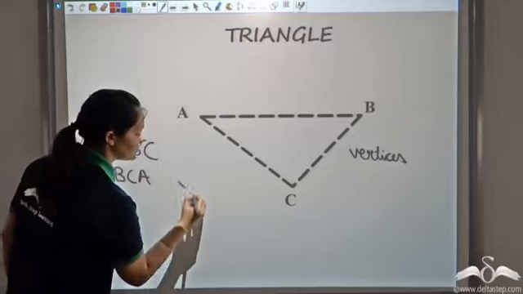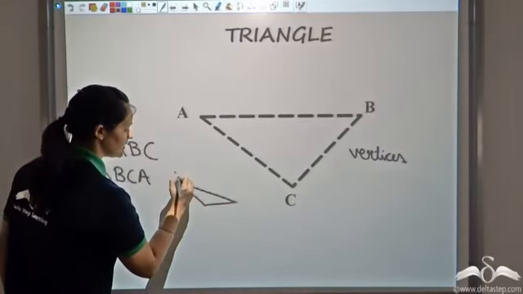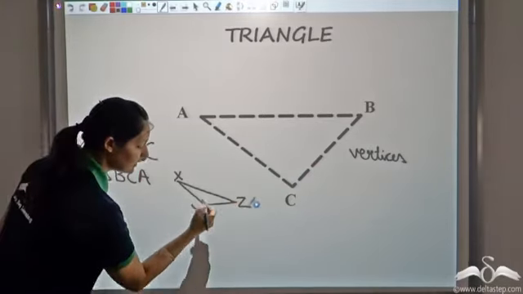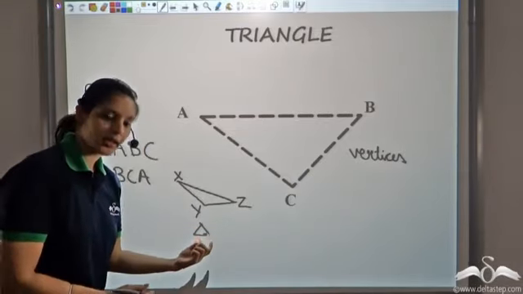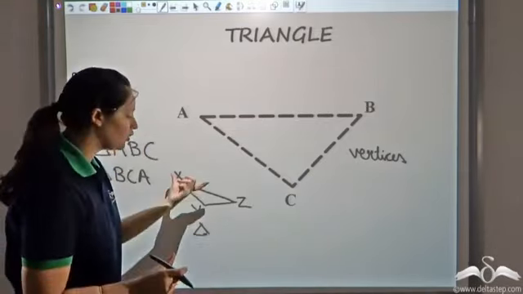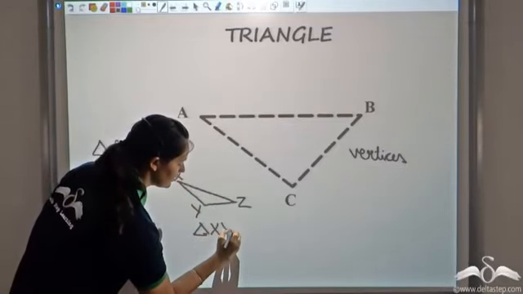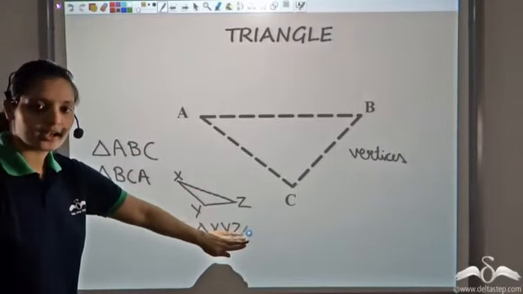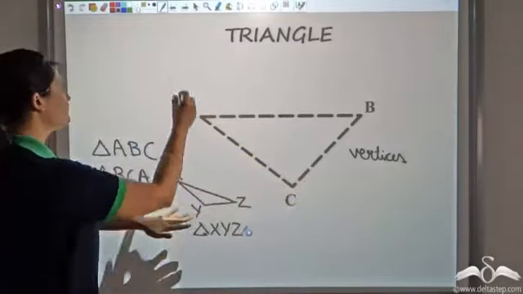So even if I have a triangle with vertices say X, Y, Z, even then I'll use this symbol to denote it, because this is just a shorthand notation for the word triangle and not the shape of the triangle. So this is triangle XYZ, or you can write YZX, whatever. The order in which you write the 3 vertices does not matter. So we have a triangle with 3 vertices here.